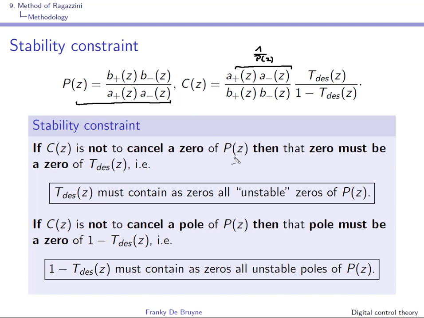Then we have to make sure that these unstable zeros of the process are a factor of the desired transfer function. So the desired transfer function must contain all zeros that are, between quotes, unstable in the process.